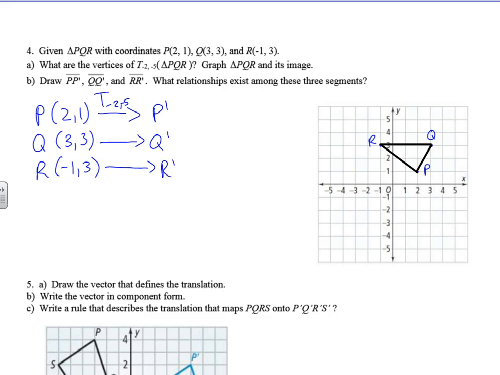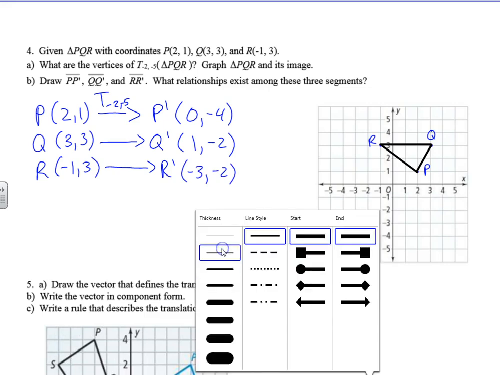Essentially, I'm going to subtract 2 from the x value and subtract 5 from the y value, which would make it 0, -4. If I take away 2 from 3, that would be 1, and we're subtracting 5 from 3, giving -2. And then going down, it would be -3 and -2. I'll use a different color to help illustrate the differences.